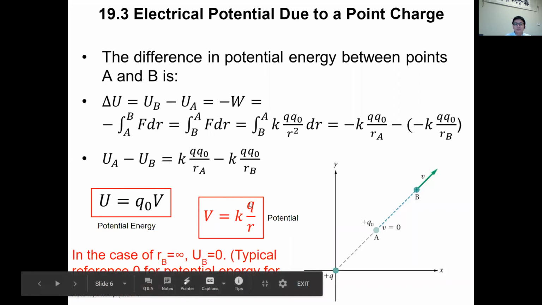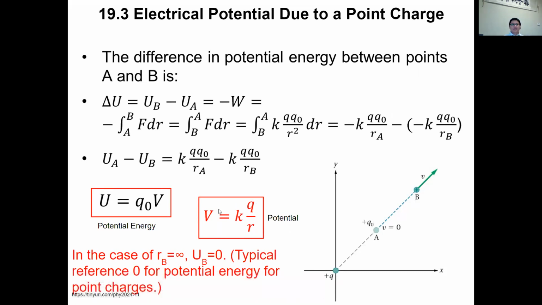This is just the result that you need to know. You don't need to know how to do the integration. So the electric potential of a point charge is kQ over r.